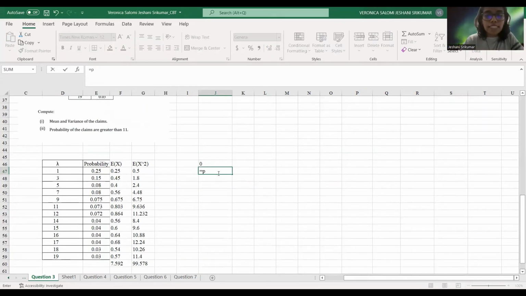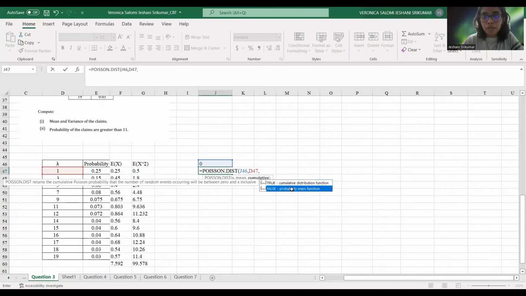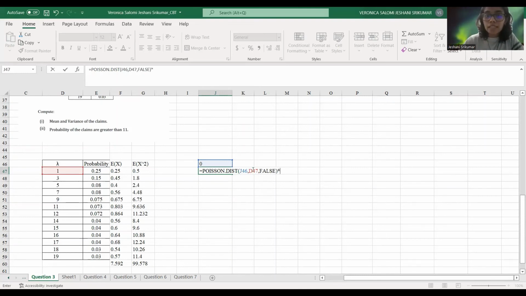Since we're using Excel, we can use the Excel function. So x in this case would be 0, and the mean we know is lambda. And we want the probability mass function, so we insert false. And we need this entire probability multiplied by the weightage.